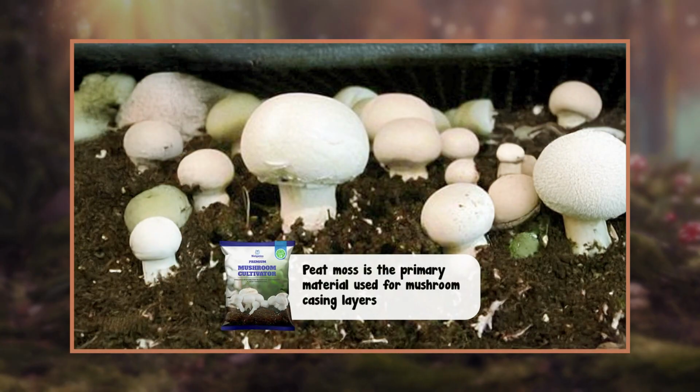It is generally accepted that peat moss is one of the best casing materials available today, and as a result, it is used as a reference in studies evaluating other materials. In addition to its water retention capacity, peat moss contains sufficient air space to allow the diffusion of oxygen, carbon dioxide and other volatile gases.